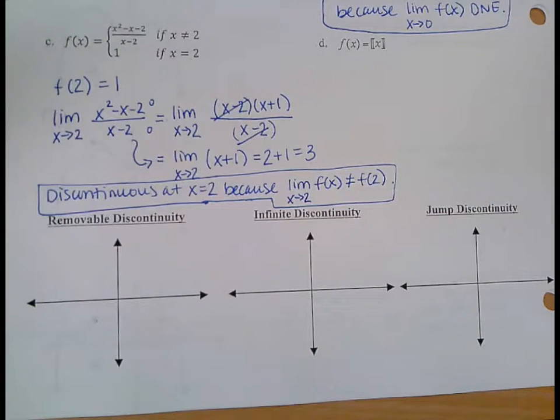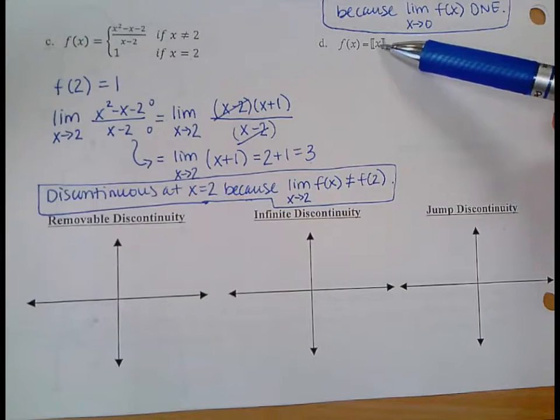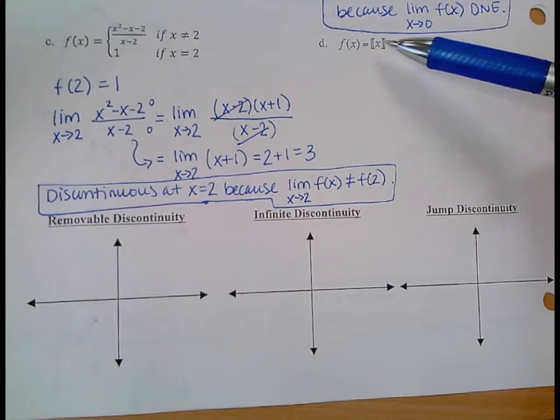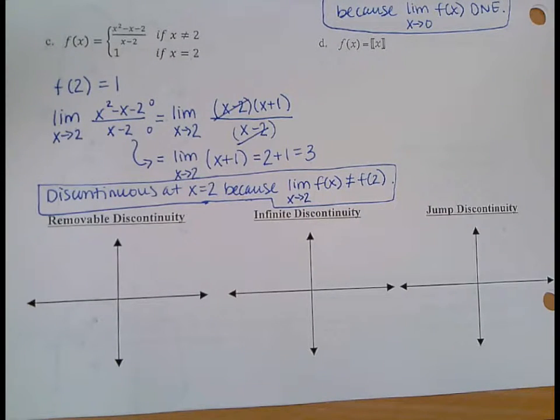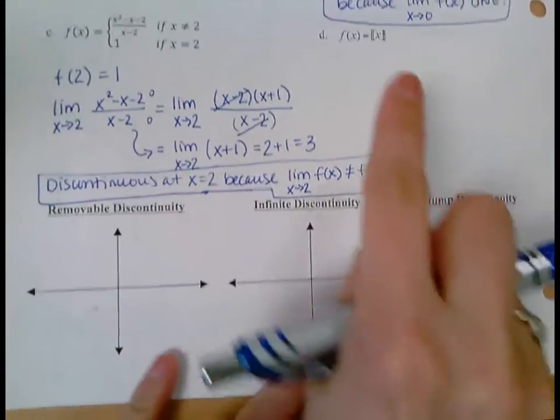It's called the greatest integer function, and it means that you're finding the greatest integer less than the number, so whatever it's in between, you pick the lowest.